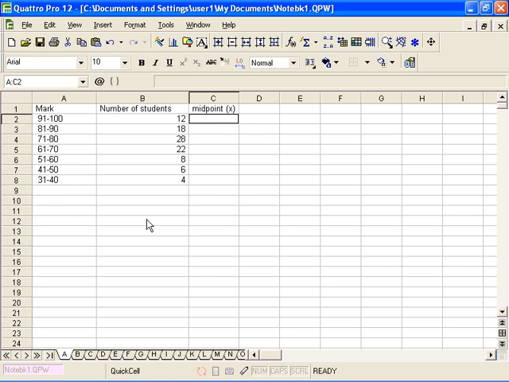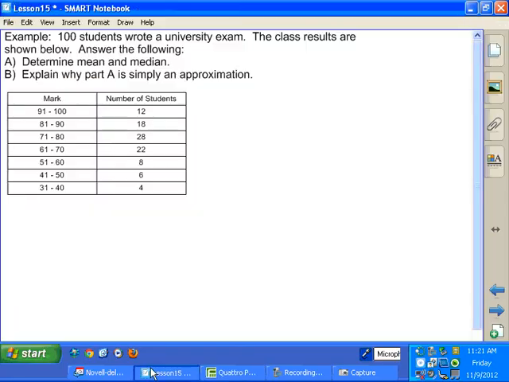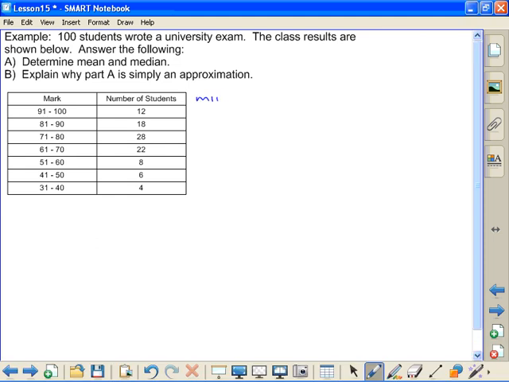I'm going to go back to the lesson for a second and show you how it's done. Your interval is from 91 to 100. If we count it out, 91, 92, 93, 94, 95, 96, 97, 98, 99, 100, there are 10 pieces of data in there.